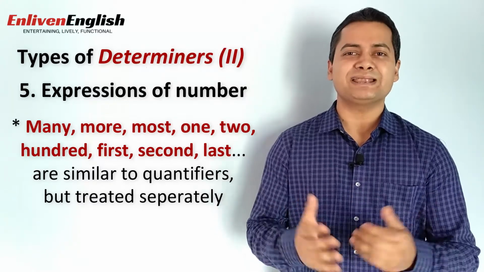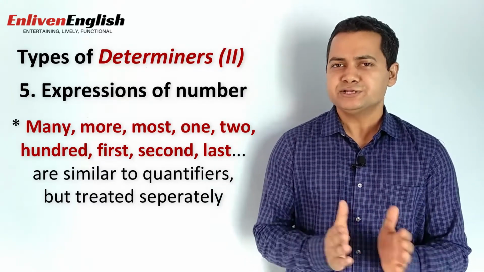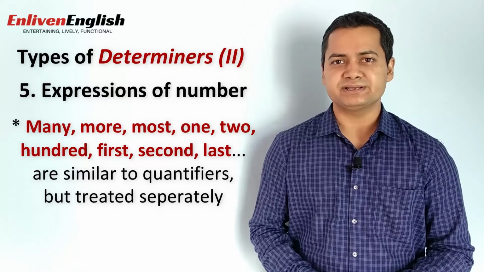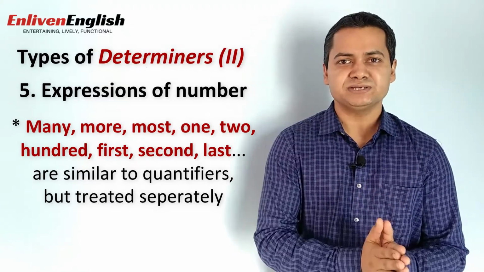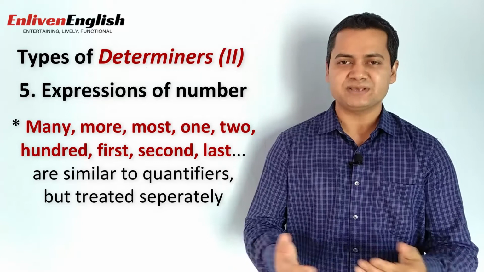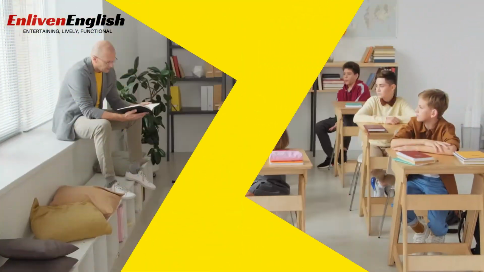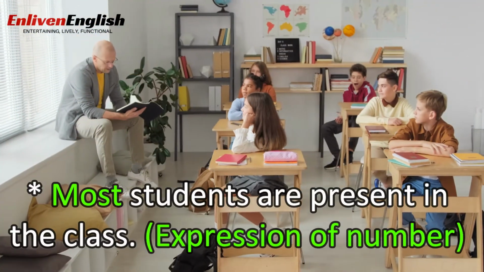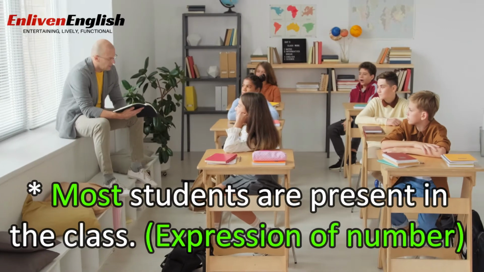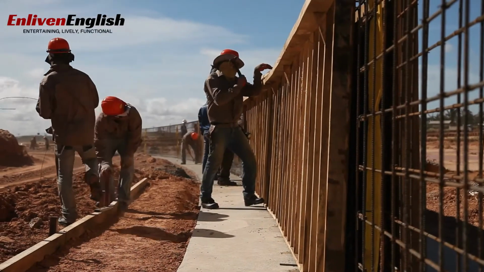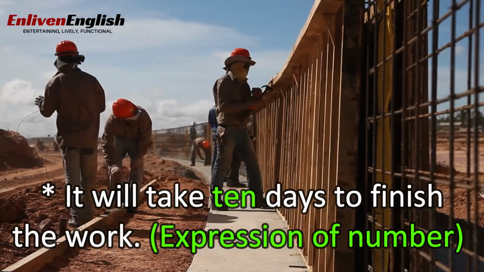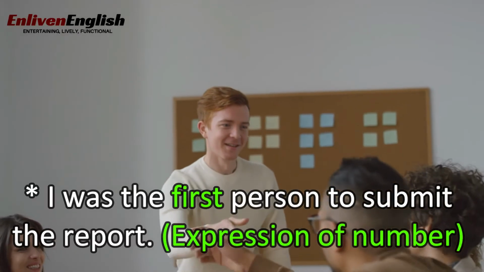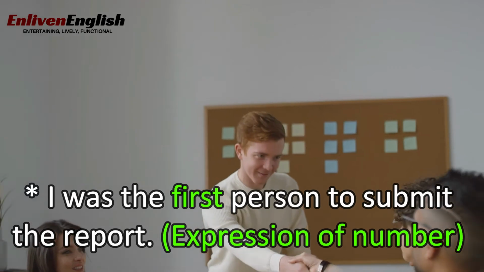Just for our understanding of various categories, I too am keeping them separate and treating them as expressions of number. Let's see some examples. Most students are present in the class. It will take 10 days to finish the work. I was the first person to submit the report.